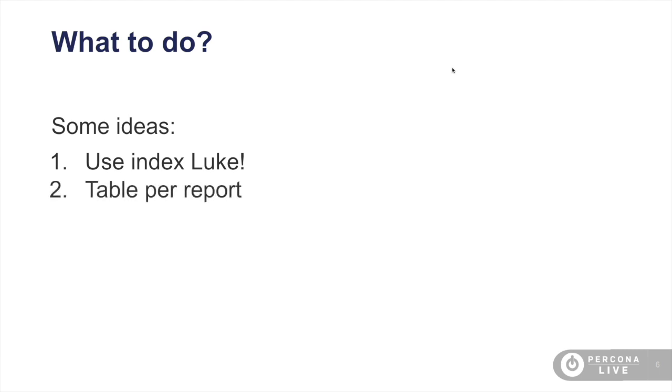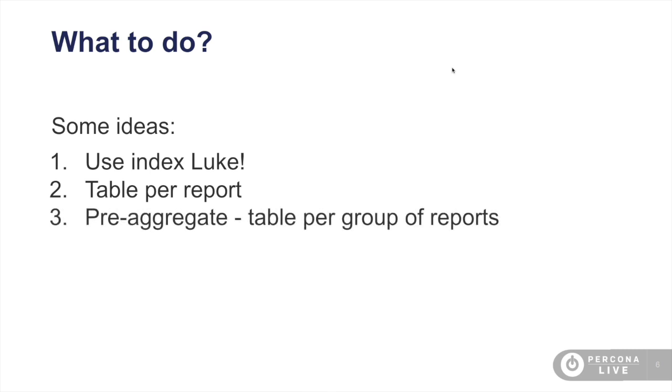Another idea is to create a table per report. We can pre-generate the tables for each of our reports and use that. Another idea is that we can pre-aggregate the data. So instead of using the raw tables, we can create a table per group of the report, and then the final report can use that table and aggregate it again. Or something else.